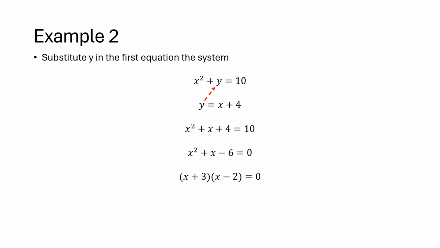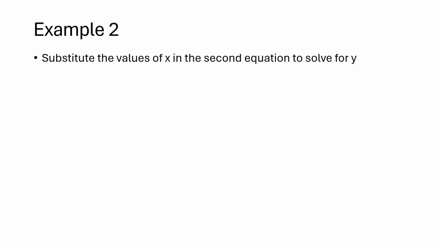This can be factored. Then by the 0 property, x equal negative 3 or x equal 2. Keep in mind, we still need to solve for y. So we're going to substitute x. Now we need to solve for y. So we're going to substitute x by the two values we got. So this is my first point.